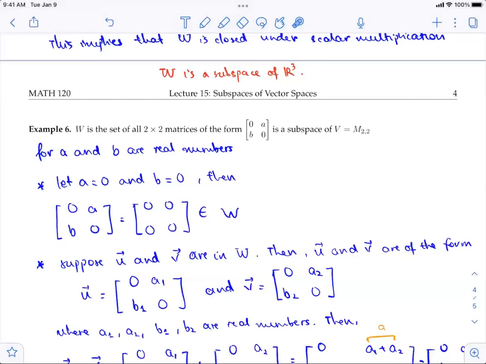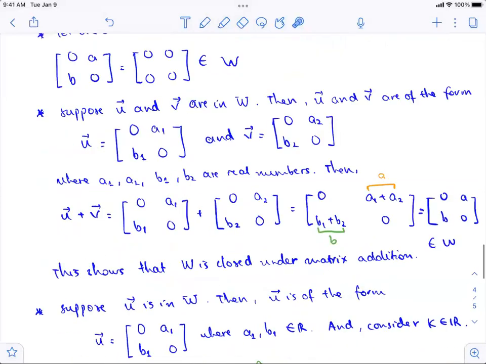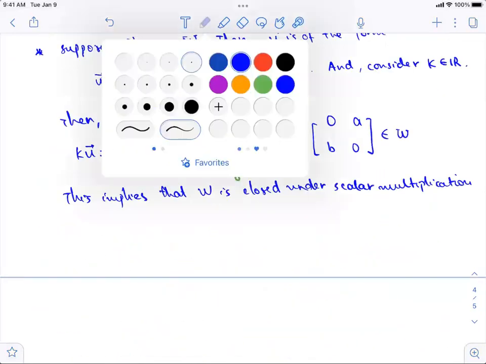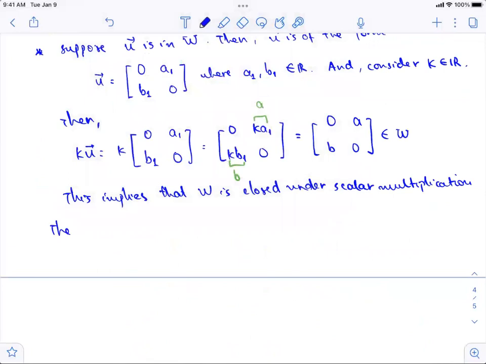Therefore, you say that the set is a subspace of the vector space M22.